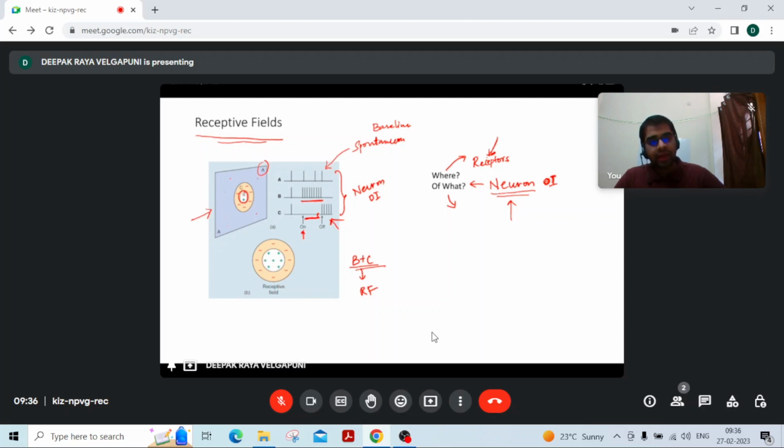You see this kind of receptive field where you have excitation at the center and inhibition at the surround, or inhibition at the center and excitation at the surround. These types of receptive fields are called center surround receptive fields. You can have excitatory center, inhibitory surround, or inhibitory center, excitatory surround.